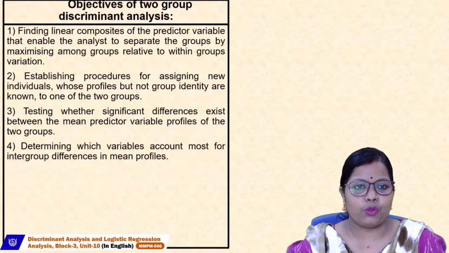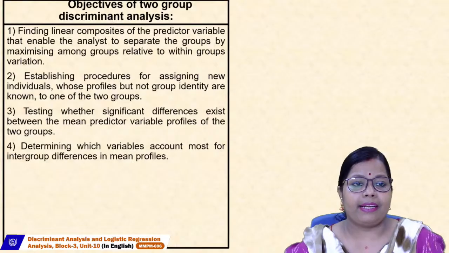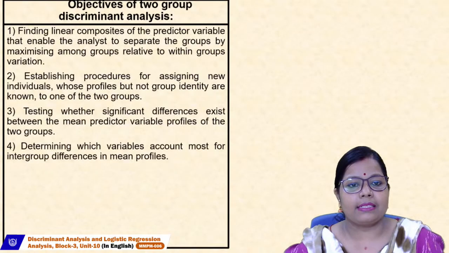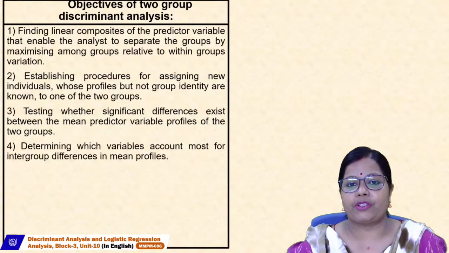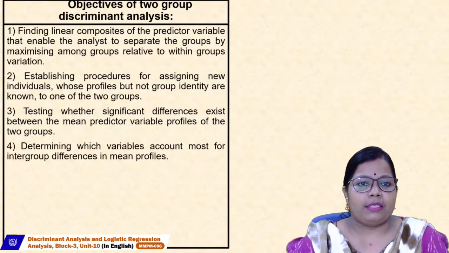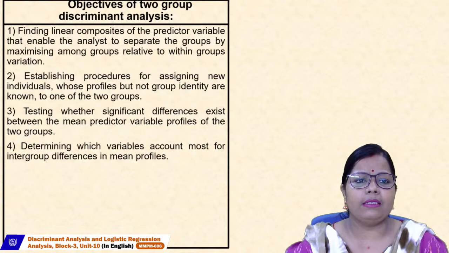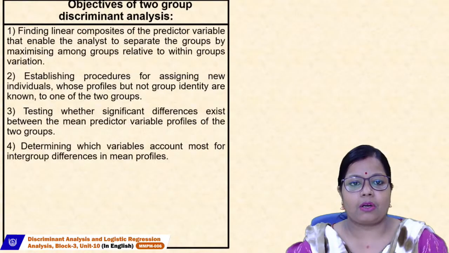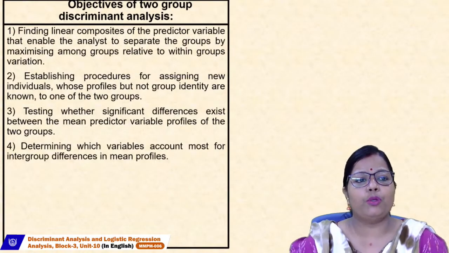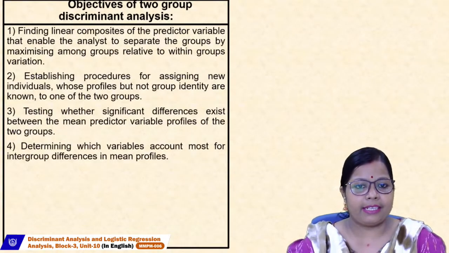The objectives of discriminant analysis with two groups are, first, finding the linear composites of the predictor variables that enable the analyst to separate the groups by maximizing among-group differences relative to within-group variation.